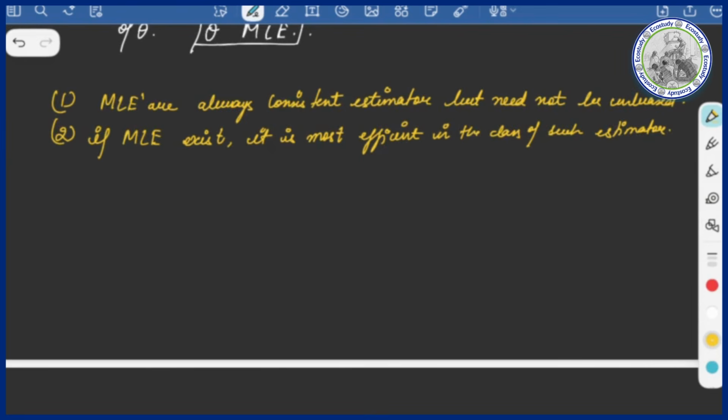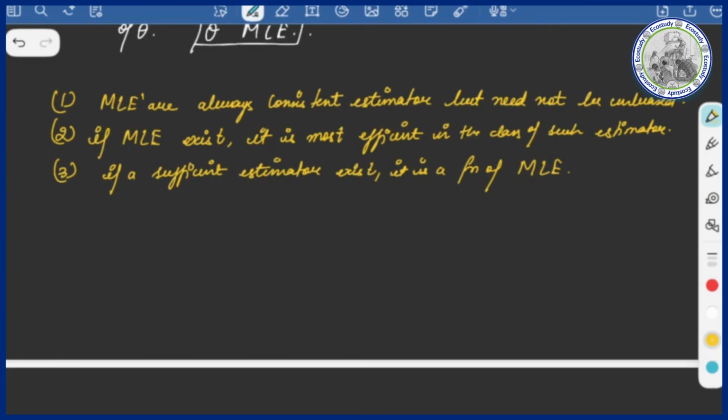What does it mean? If MLE exists, then it will be the most efficient in the class of such estimators. And the third is, if a sufficient estimator exists, it is a function of the maximum likelihood estimator. I already talked about the sufficient estimator. So these are some of the properties of the maximum likelihood estimator.